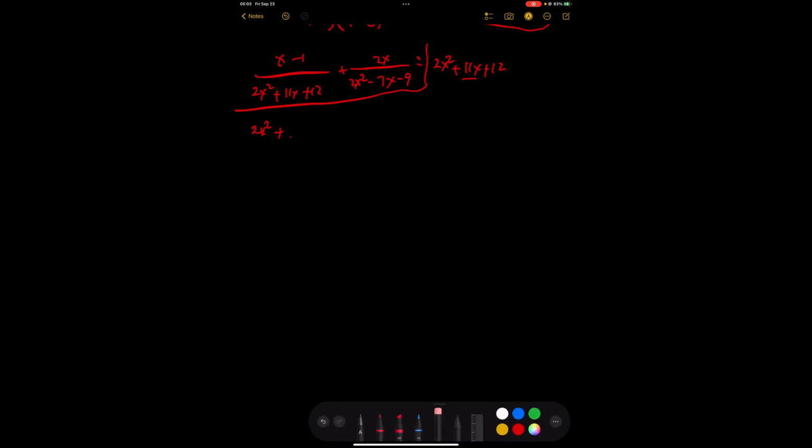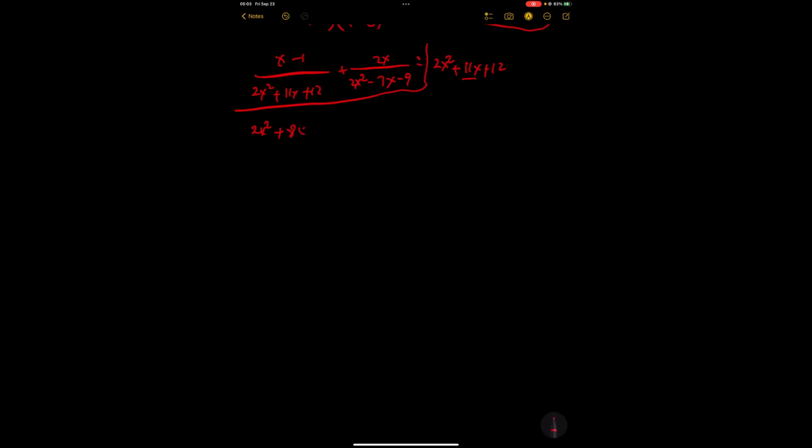I'm going to do instead, because I want to get some number that I can relate to on both sides, 8x plus 3x plus 12. So that would be 2x squared plus 8x plus 3x plus 12 together.